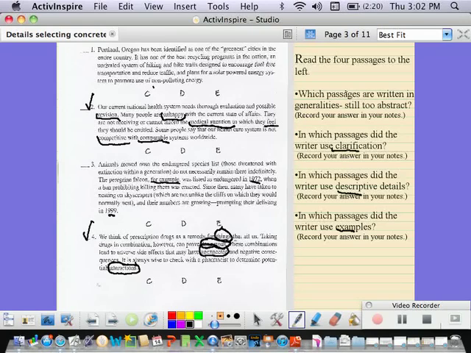Portland, Oregon adds clarification. It gives us a little more information as to why it's green. It has the best recycling program. It has an unrivaled system of hiking and bike trails. It has plans for a solar-powered energy system.